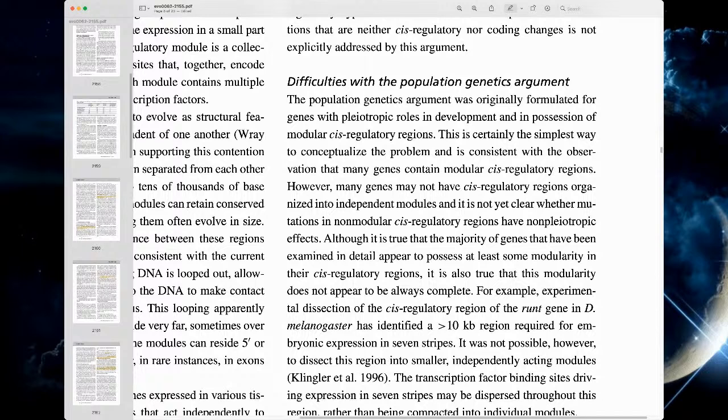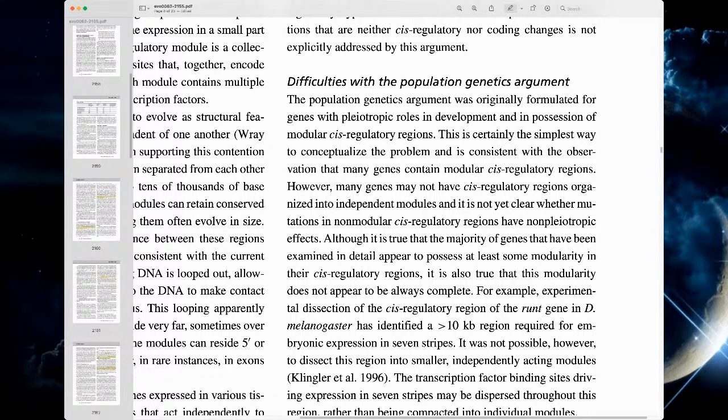Okay. All right, difficulties with the argument. Okay, so now they're going to see if it stands up to criticism, I think. Yep. For genes with pleiotropic effects or roles in development and in possession of modular cis-regulatory regions, this is the simplest way to conceptualize the problem and is consistent with the observation that many genes contain modular cis-regulatory regions.